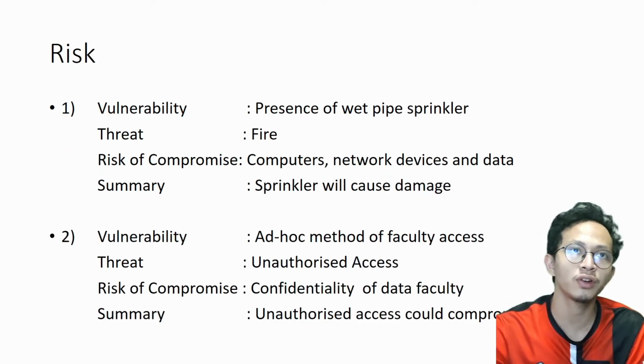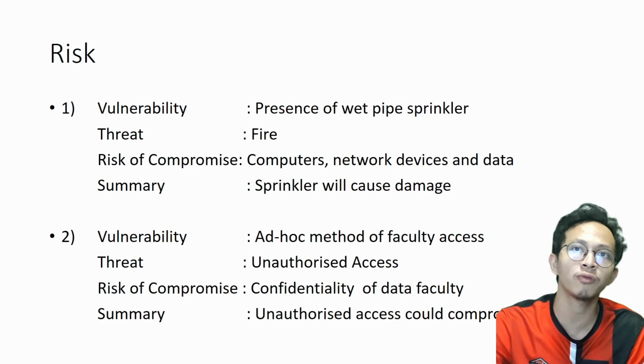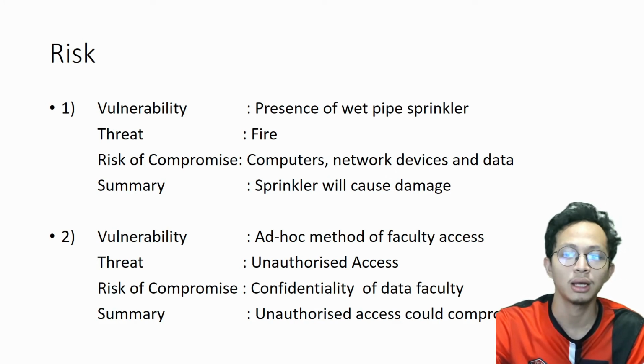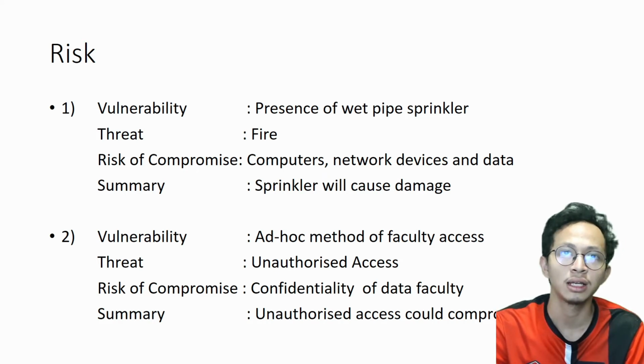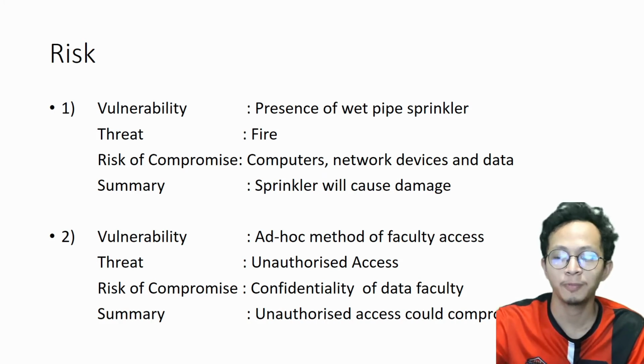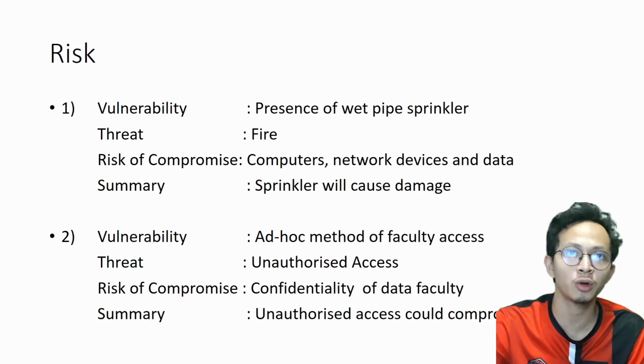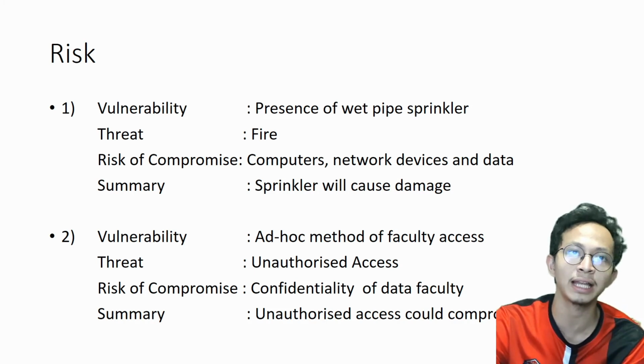For the first risk, the vulnerability is the presence of wet pipe sprinklers. The threat is fire. The risk of compromise is computers, network devices, and data. For the summary, the sprinkler will cause damage to the computers, network devices, and data.